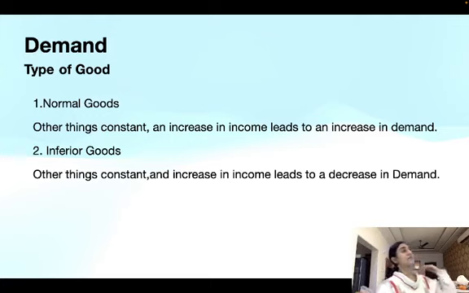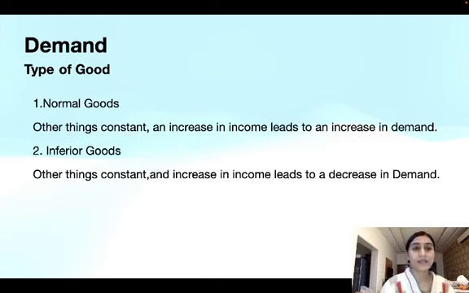Can you think of an example of a normal good or an inferior good? For example, when I want to have an ice cream which is expensive, but because I'm a student and cannot afford that ice cream, I will buy another good.